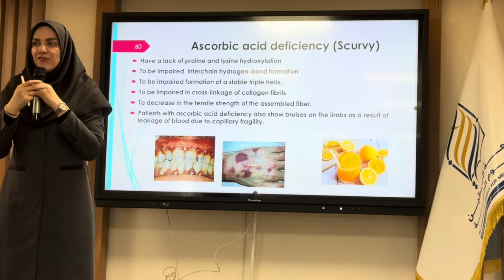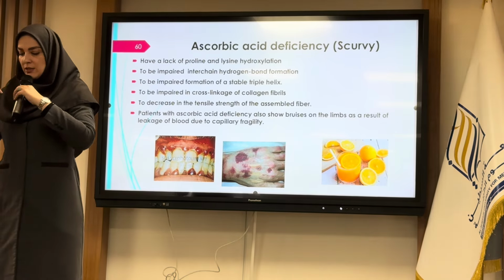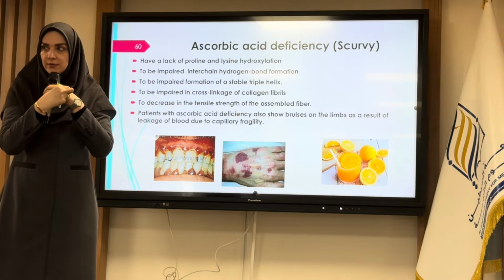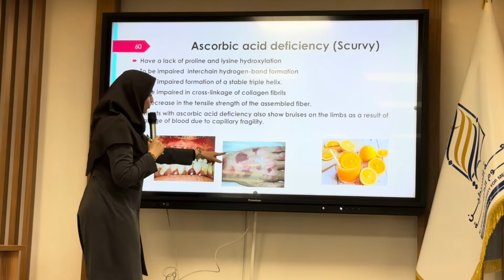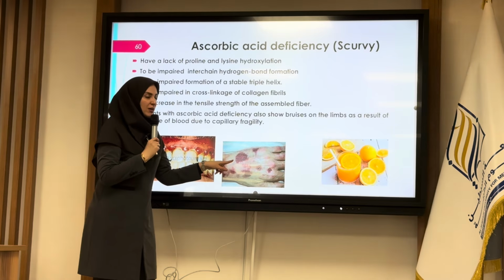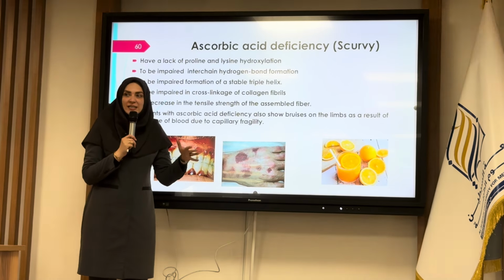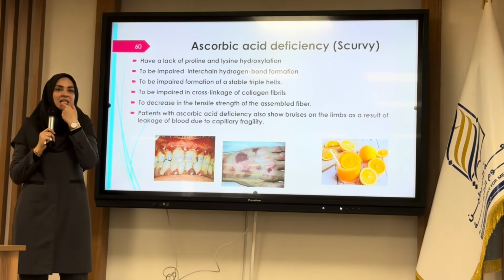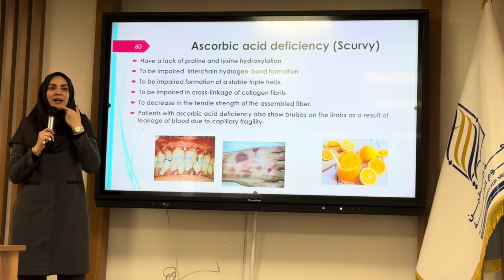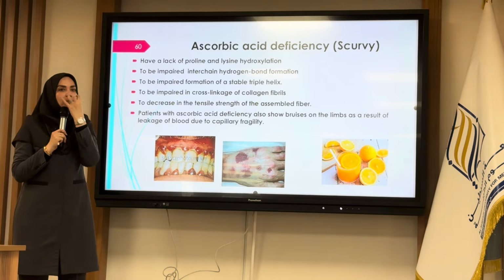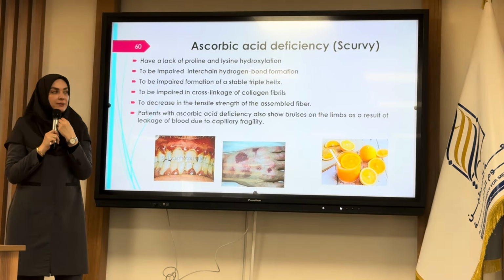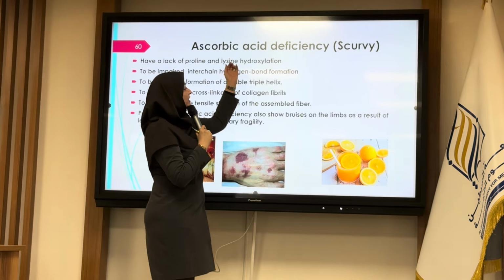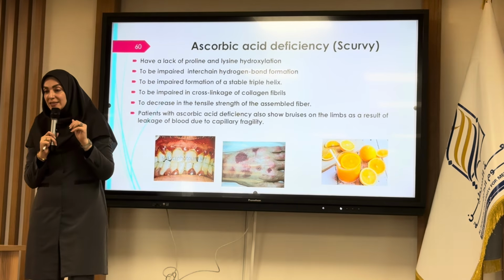So everywhere in the body, like blood vessels, you have some bruising, because the blood vessels are unstable. You have bleeding. And for example, in the gum, we have collagen. You have a bleeding gum. So these are examples of the symptoms of the deficiency of vitamin C.